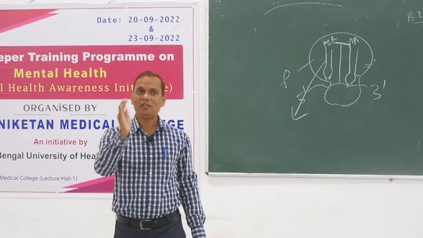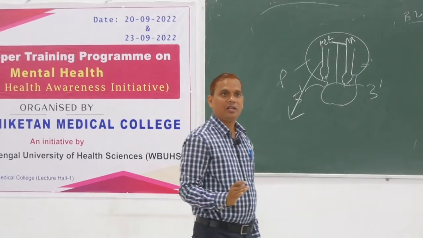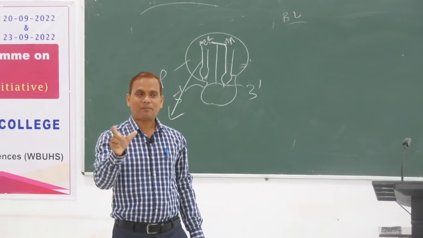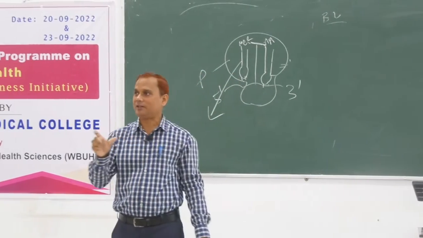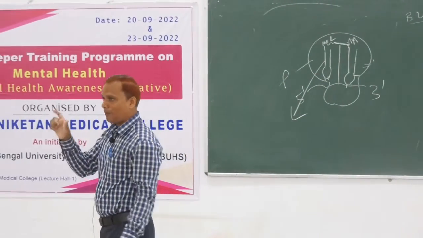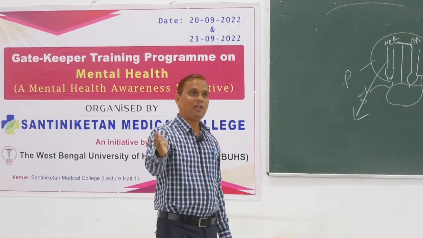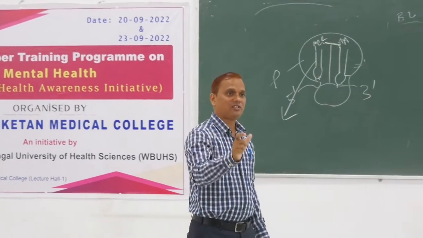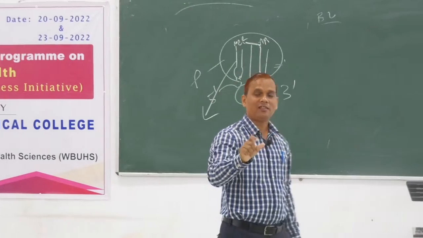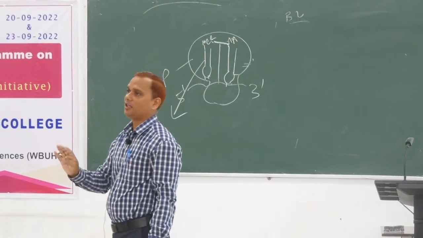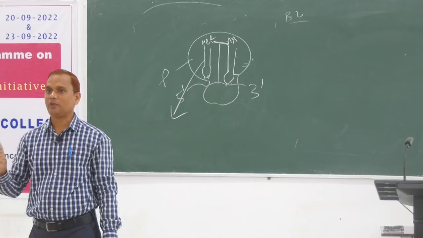Understand? That will stop the protein synthesis. Suppose the protein requires a peptide chain containing 50 amino acids; before the maturation of the protein, an immature protein will be released. Understand?